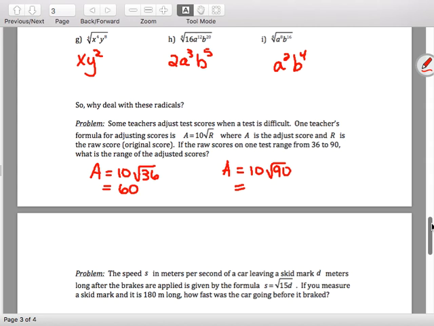It's not a perfect square. So if it's not, you do use a calculator. So does anybody have their calculator? Take the square root of 90, which is some decimal number, times 10. I got 94.87, or we could say, now my scores, 36 to 90, will be 60 to 95.